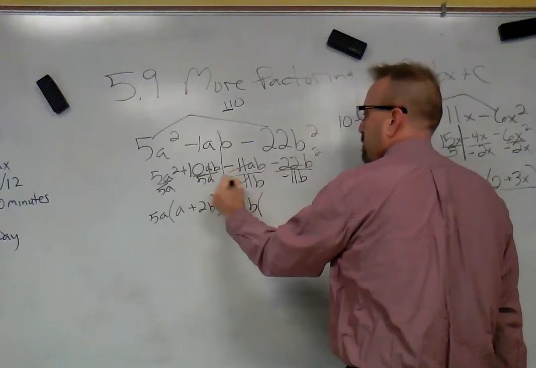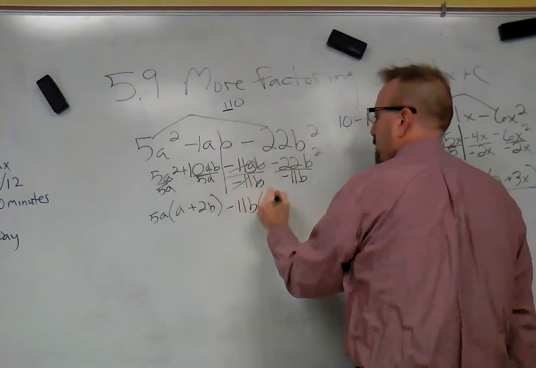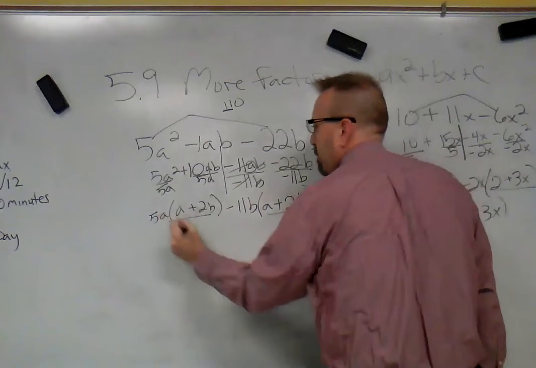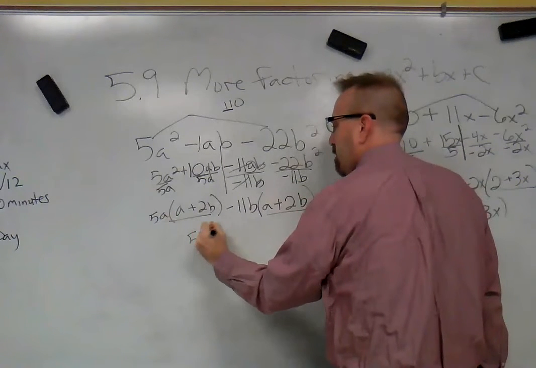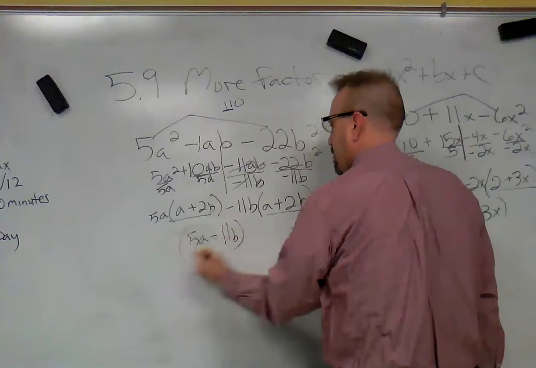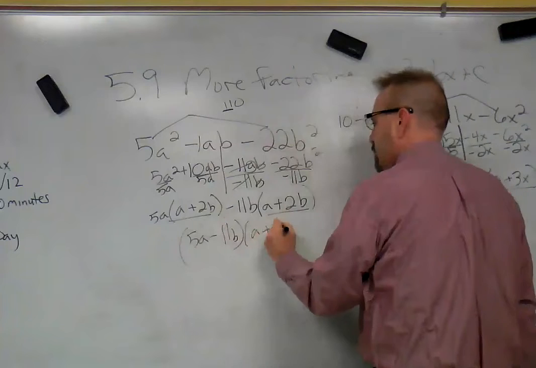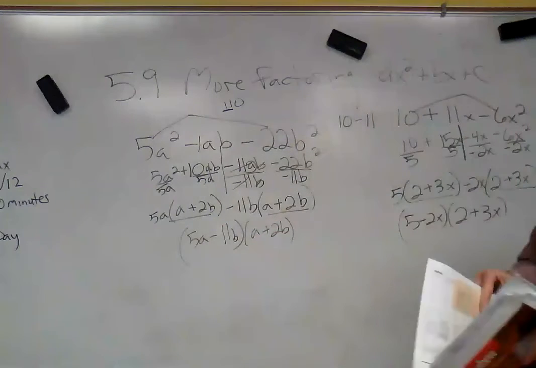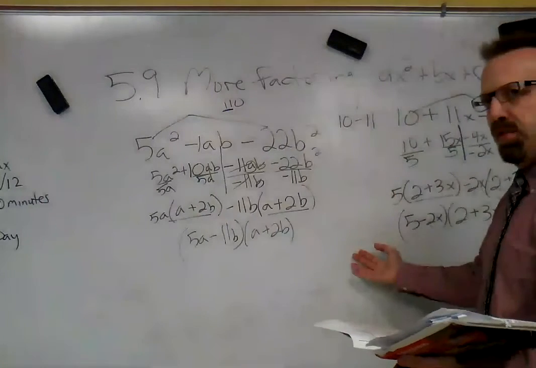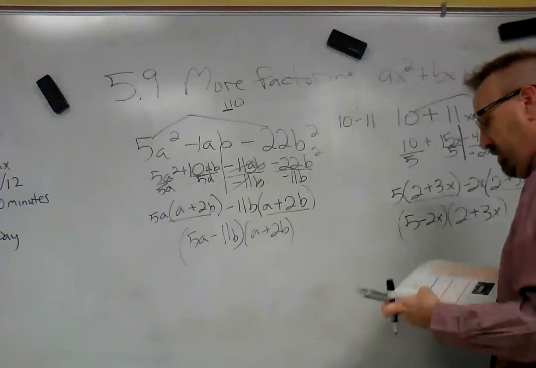So those b's cancel, we're left with a plus 2b, which is the same. So 5a minus 11b, a plus 2b. So again, first step, multiply your first and last term. Write them out if you have to. If you don't have to, then that is perfectly acceptable.